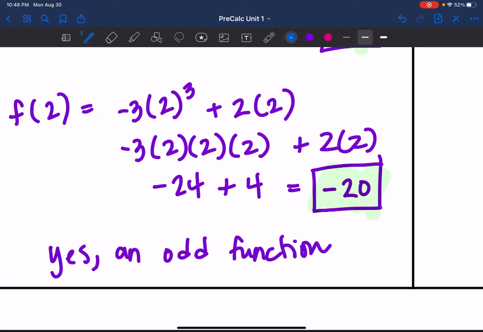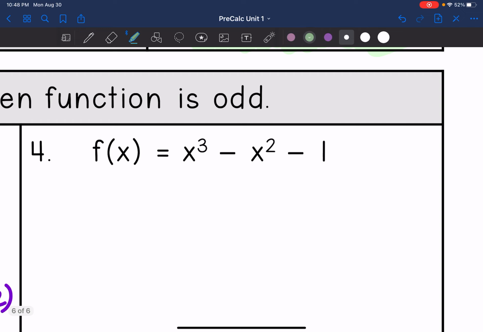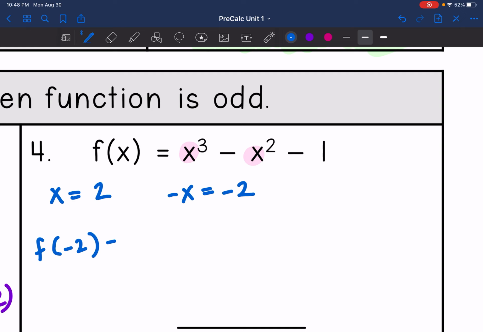Okay, and then let's look at our last one. So here's our new function here. And then you can easily identify, those are my x's, so I'm going to plug into there. And I'm just going to continue using 2. It's easy. So if x is 2, negative x is negative 2. So let's start by plugging in the negative 2.